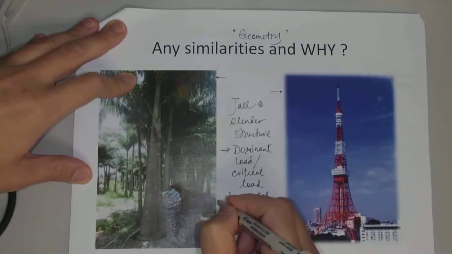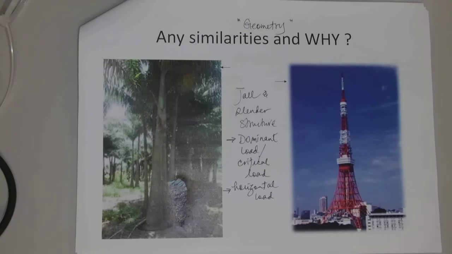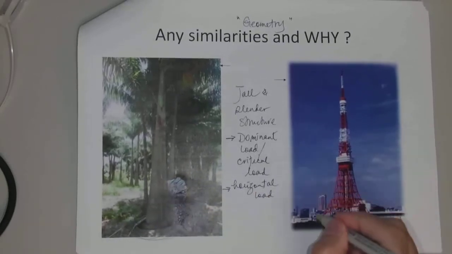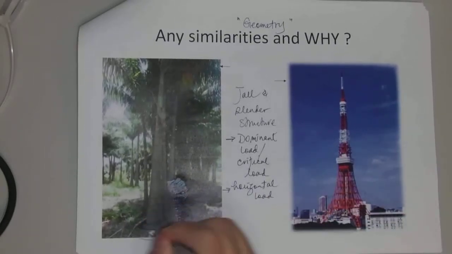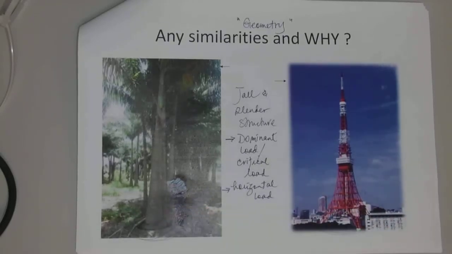Horizontal load. So if you have a structure where the dominant or critical load is in the horizontal direction, it's better to have a bigger base like that or like that. It's always better to have a bigger base to make it more stable.